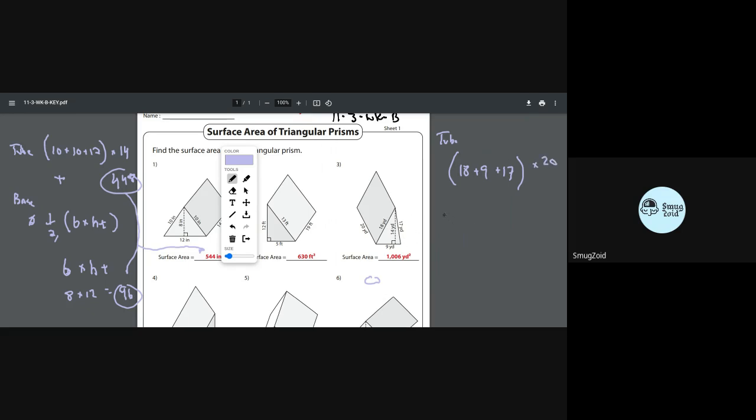And then for the base of the triangle, remember, this guy is the base because it has the square on it. This must be the height. It's got the dotted line. So that means 9 times 14. Technically, if you just have one base, it'd be 1/2, but you have 2 of them. You cross those out. It's just 9 times 14. And you're going to add it to the answer you have above. Okay?